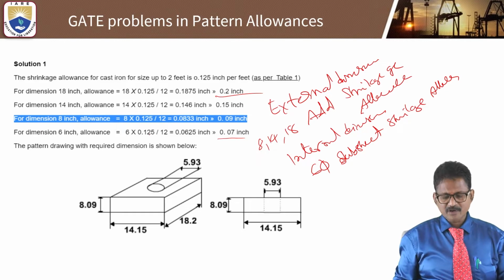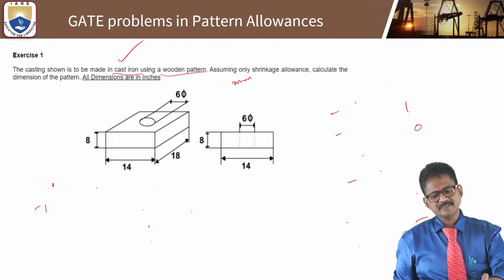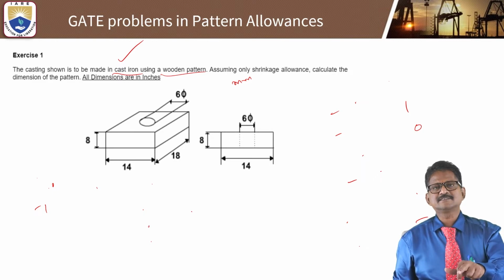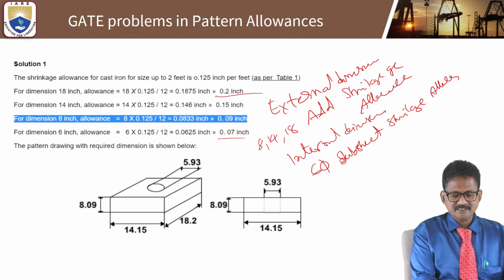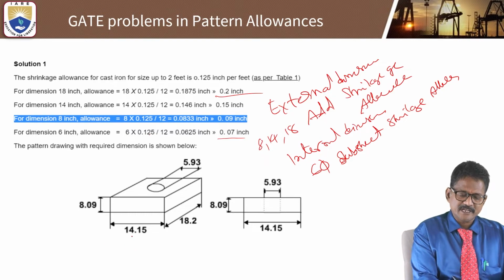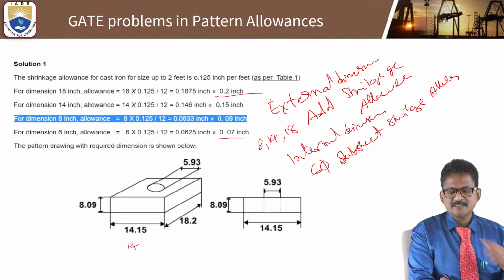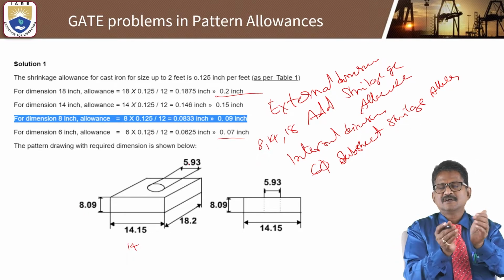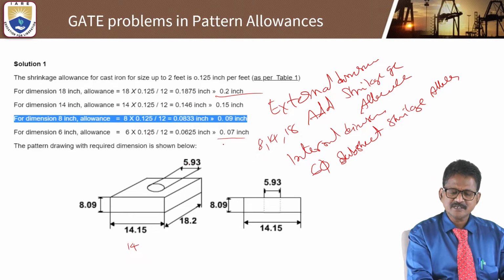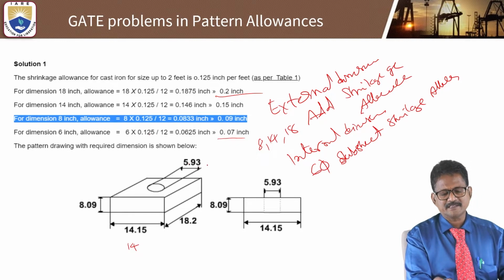Before applying the allowances, the diagram is 8, 14, 18 and 6. After applying the shrinkage allowance, the same diagram is modified: the 14 becomes 14.15, the 18 becomes 18.2 and the 8 becomes 8.09. The hollow portion you have to deduct: 6 minus 0.07, 5.93.